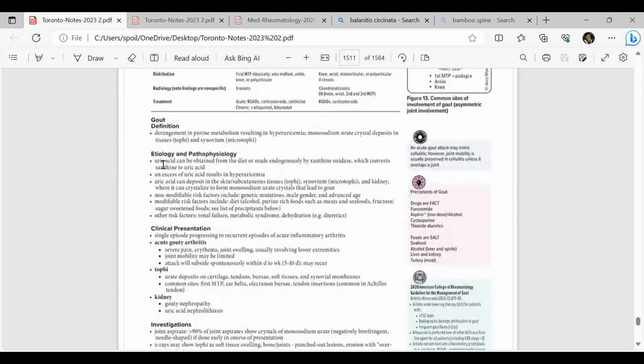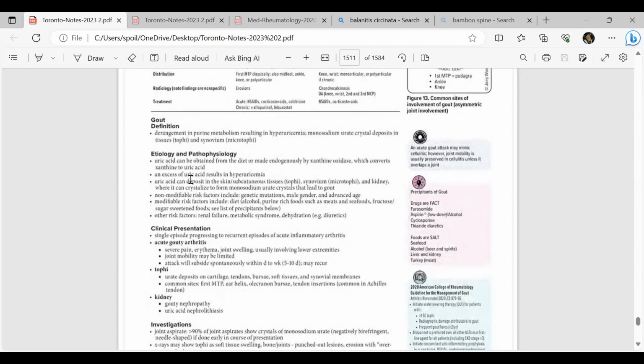Okay. So gout: derangement in purine metabolism, resulting in hyperuricemia, monosodium urate crystal deposition in tissues, tophi and synovium. So etiologies: uric acid can be obtained from diet or made by xanthine oxidase, which converts xanthine to uric acid.